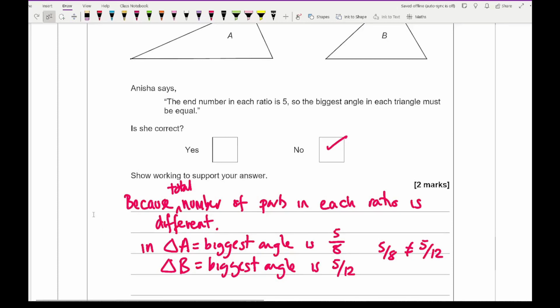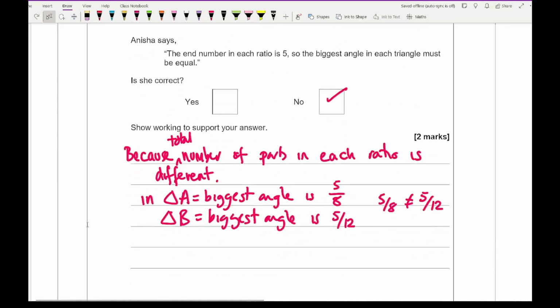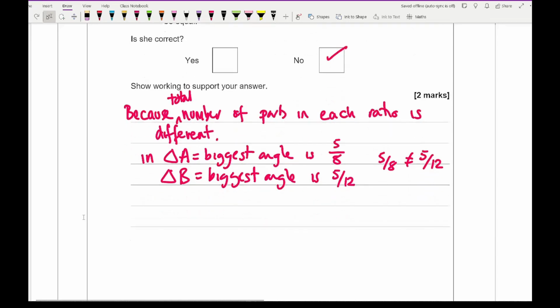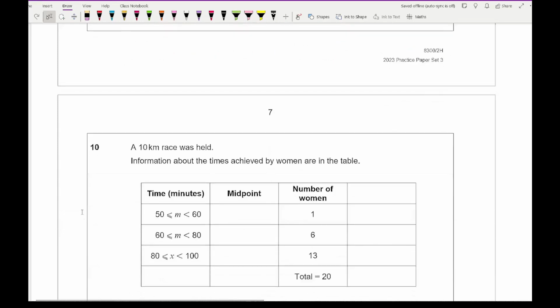So something along those lines would be absolutely fine. If you then went on to work out the angles and compared them, then that'd be absolutely fine as well. So as long as you say no with a reason, then it's going to be absolutely fine.